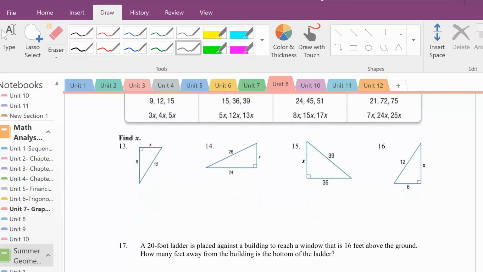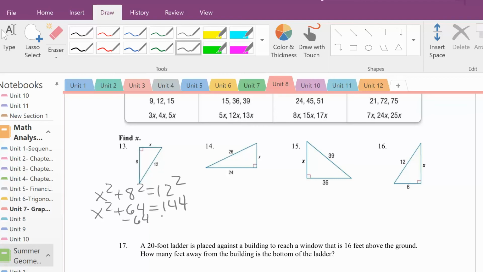If you're looking to find the length of a side in a right triangle, you can use the Pythagorean theorem, say x squared plus 8 squared equals 12 squared. So x squared plus 64 is equal to 144.